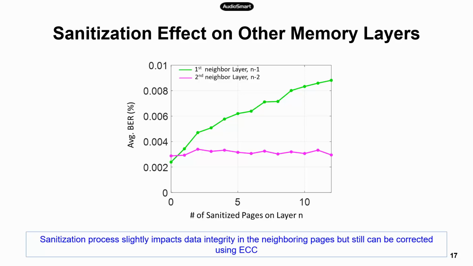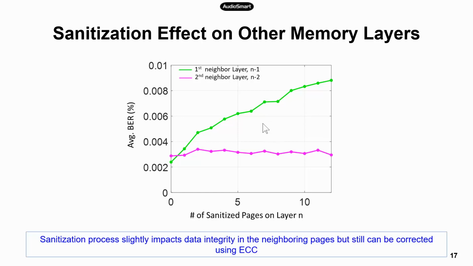This experiment is done on 3D NAND. As the number of sanitized pages on a given layer increases, the nearest neighboring layer BER increases significantly, while the further neighboring layer BERs remain almost the same.